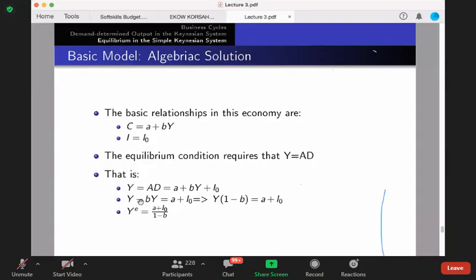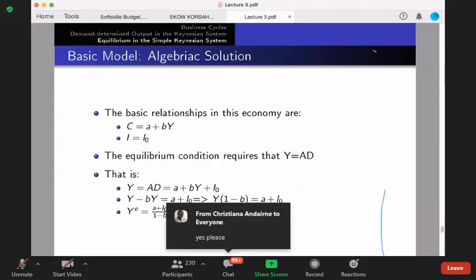Then we factorize Y out so that we can have this bracket here. So this becomes Y into bracket 1 minus b. That's what you see here. Is that okay? Now divide both sides of the equation by 1 minus b. You got it now? I get it now. Yes. Okay.